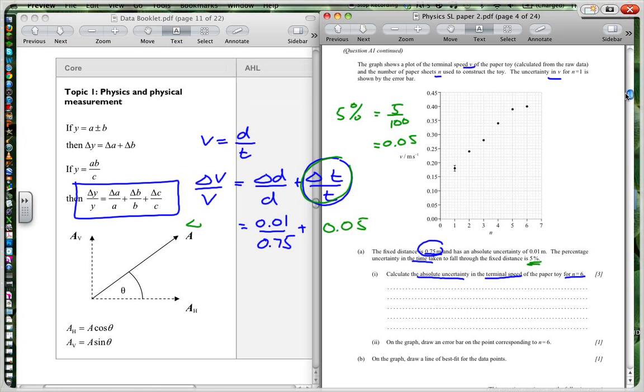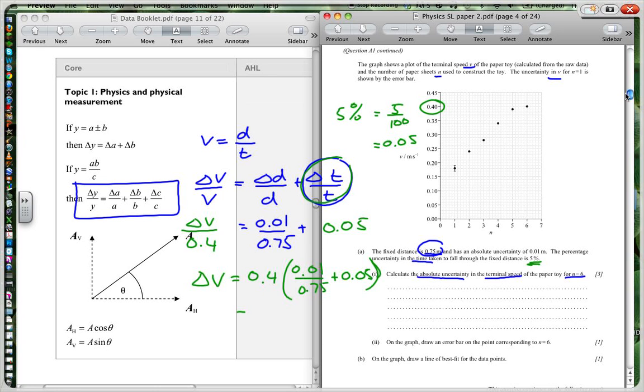I've got my change in v, and we know from here that our velocity is actually given to us for that one as 0.4. So I'm going to put 0.4 in there like that. So my change in v is going to equal 0.4 times 0.01 over 0.75 plus 0.05.